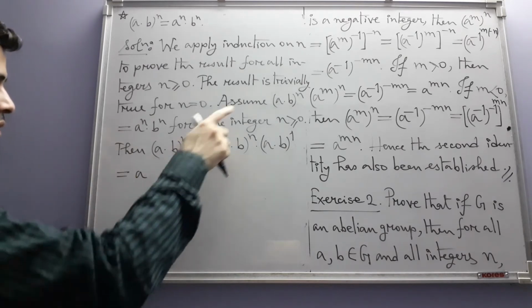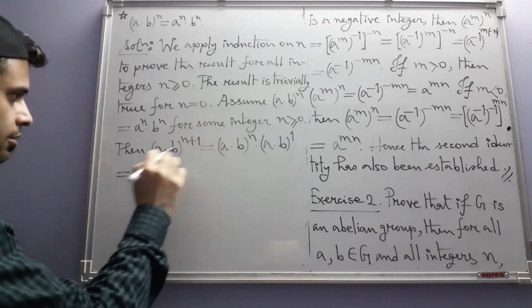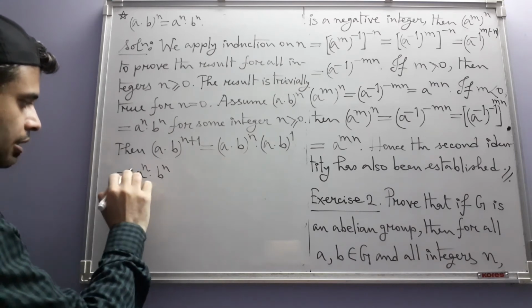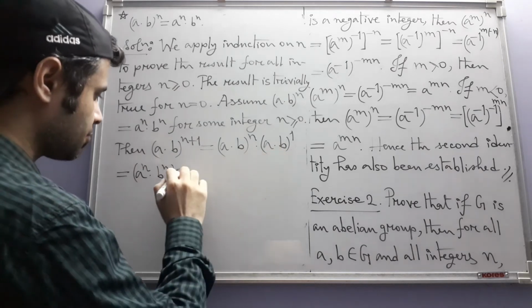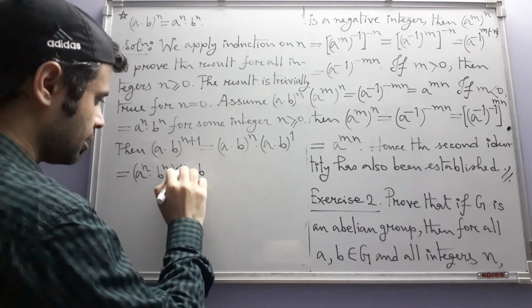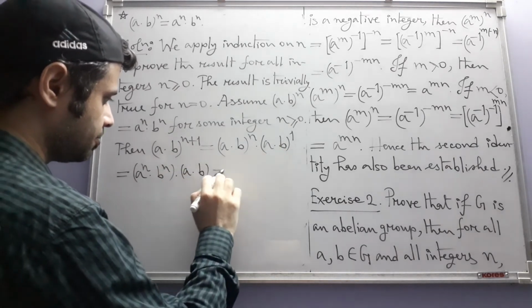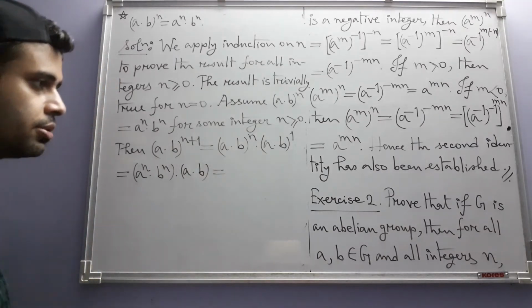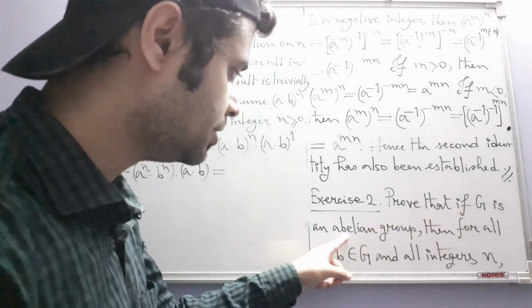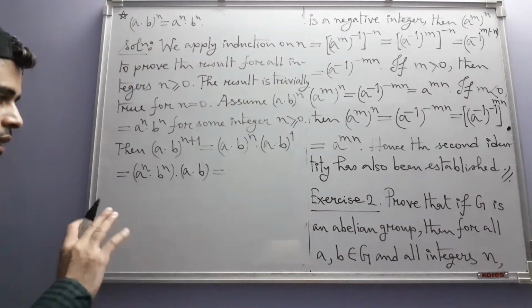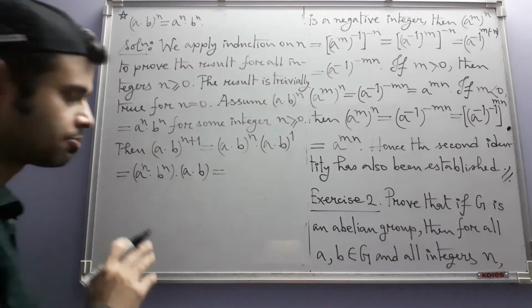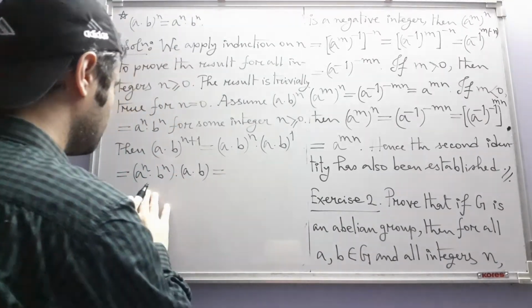So according to our induction hypothesis, this is equal to a to the power n dot b to the power n, and this comes from the definition, and it is equal to a dot b. But now we use the fact that it is given G is an abelian group, so the operation is commutative. We can change the order of a product however we like.